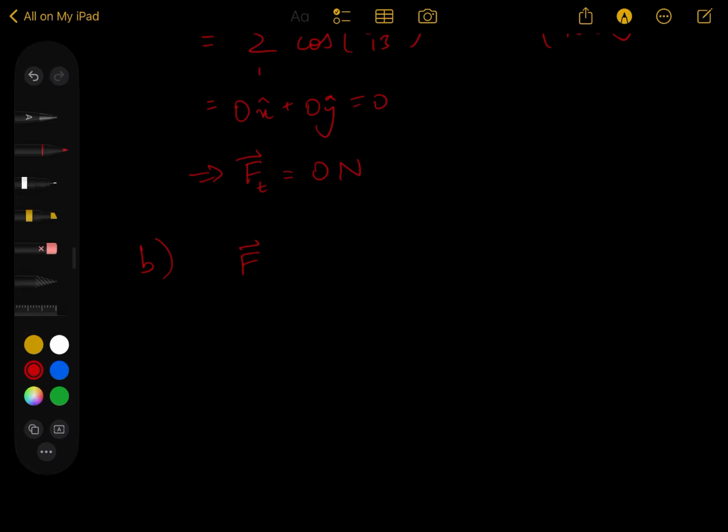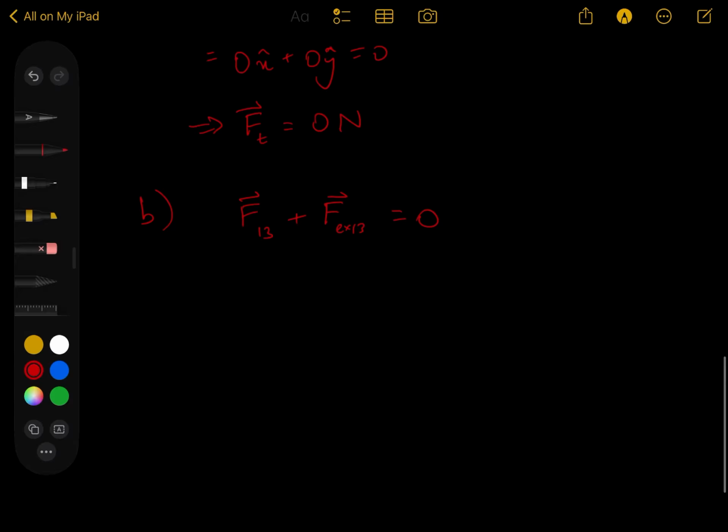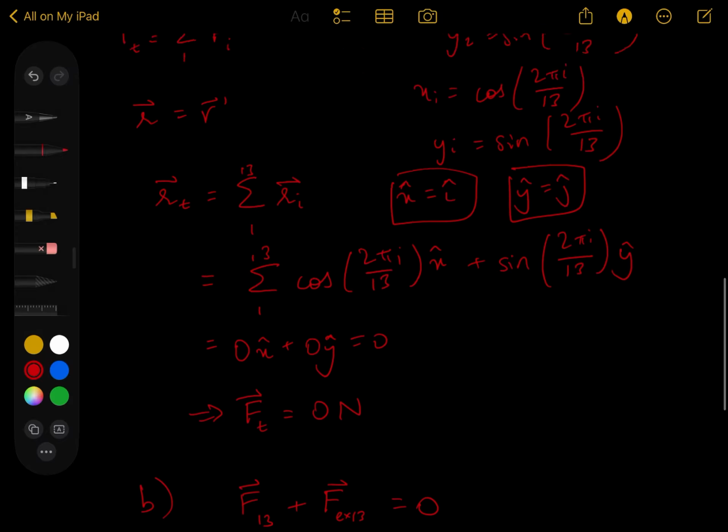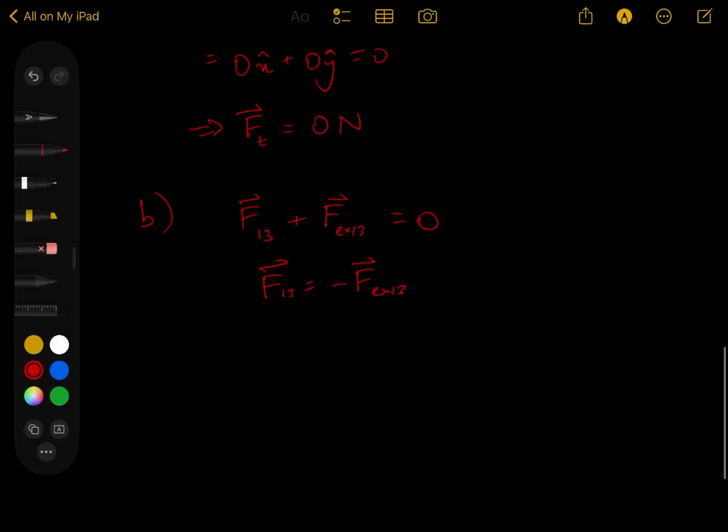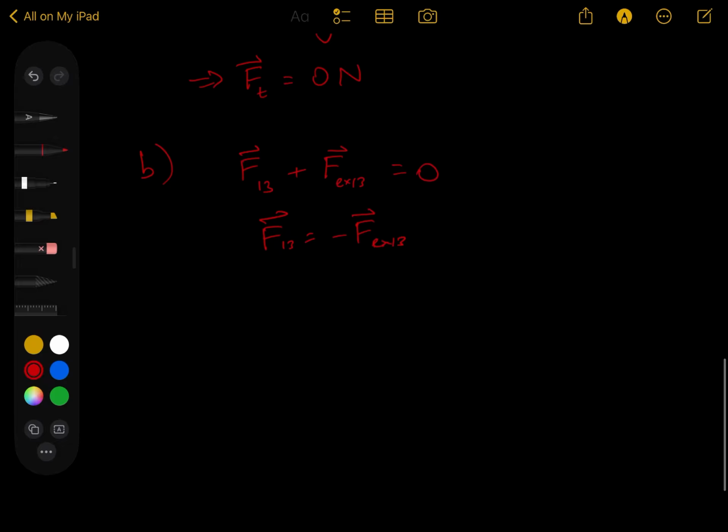So okay, you can imagine it as, say we are removing the 13th charge, and this is all the charges except 13. Okay, so this is equal to 0 newtons, right? So the charge of the 13th one is just going to be, well, technically it's going to be minus, but because we're not particularly dealing with directions right now, it doesn't really matter.